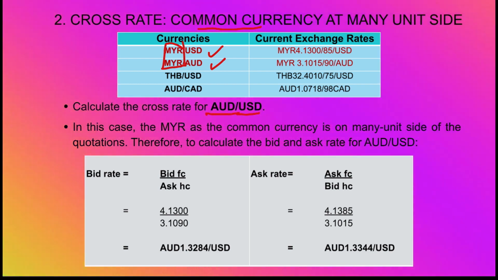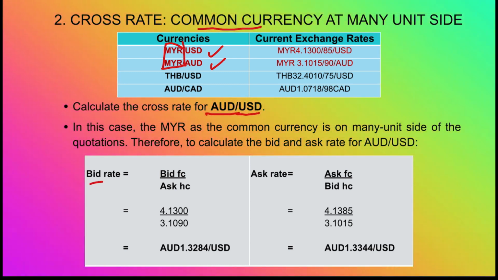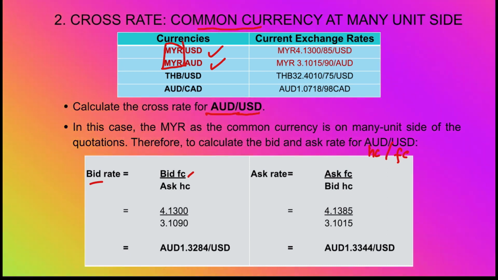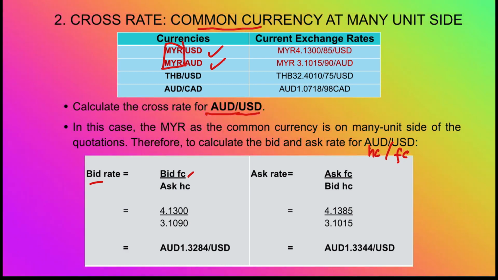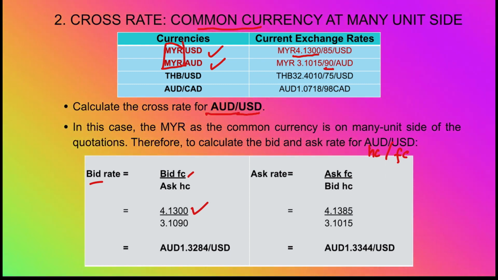Therefore, to calculate the bid and ask rate for Australian dollar per US dollar, for the bid rate, it is bid foreign currency over ask home currency. Here, AUD is the home currency and USD is the foreign currency. So, bid foreign currency is 4.1300 and ask home currency is 3.1090.